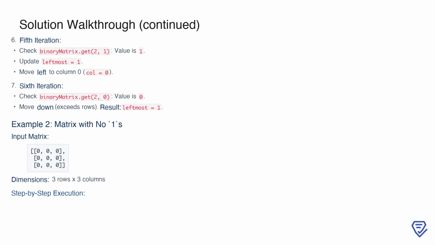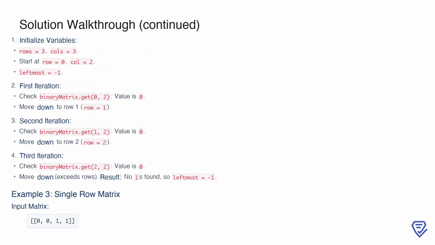Let's look at an example where no 1s are present in the matrix. For a 3x3 matrix where all elements are 0, we initialize the same variables: rows equals 3, cols equals 3, starting at (0, 2), with leftmost equals -1. In the first iteration, we check (0, 2) and find a 0, so we move down to row 1, staying in column 2.